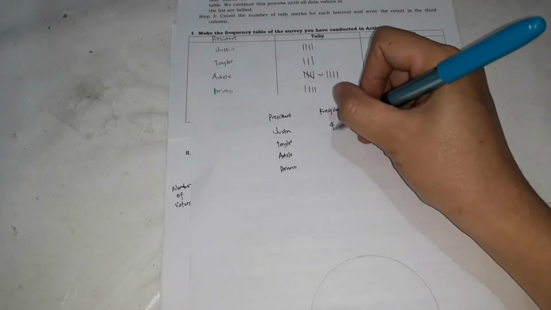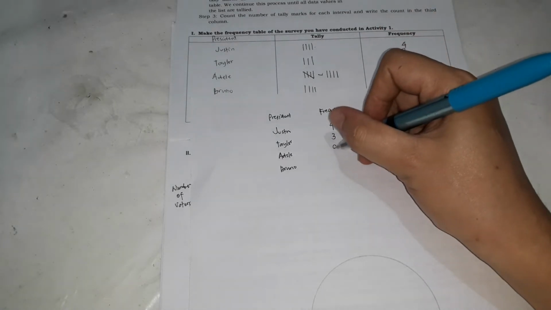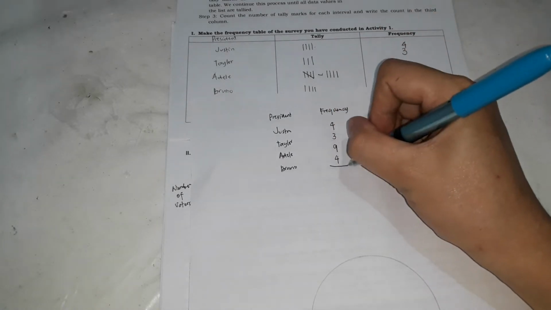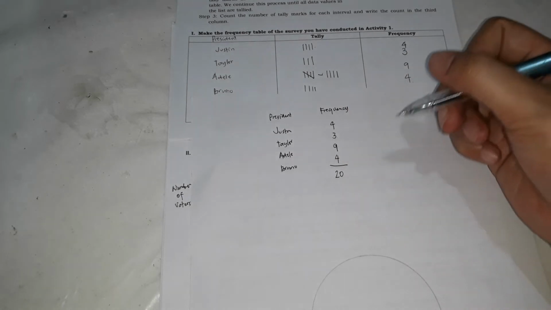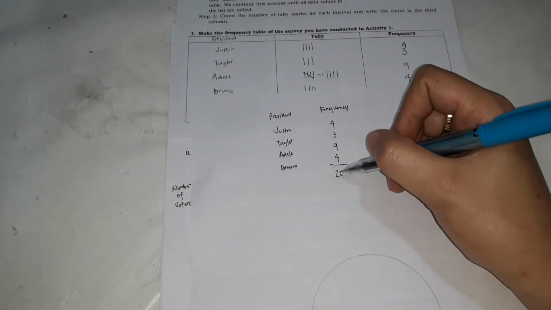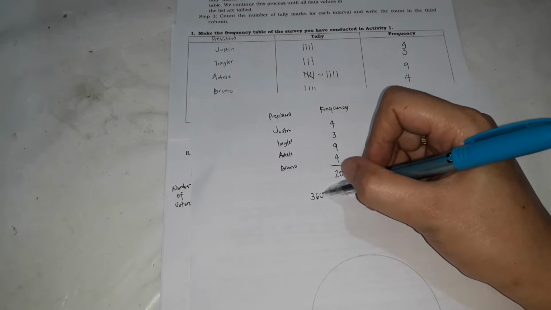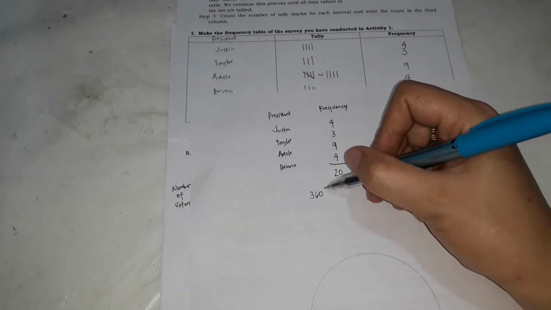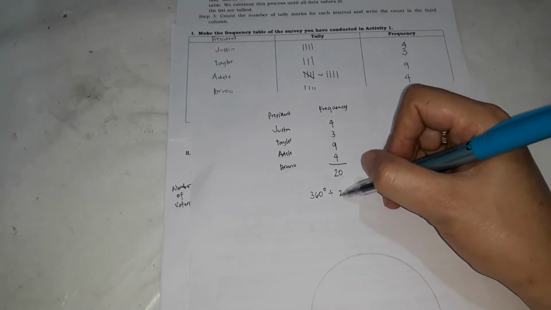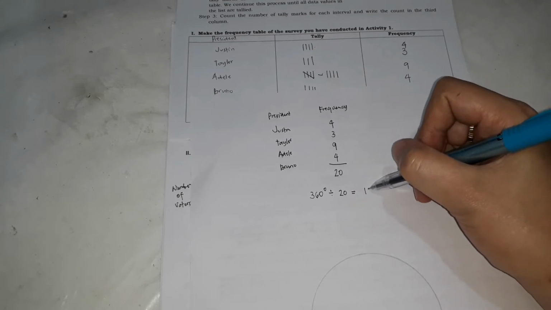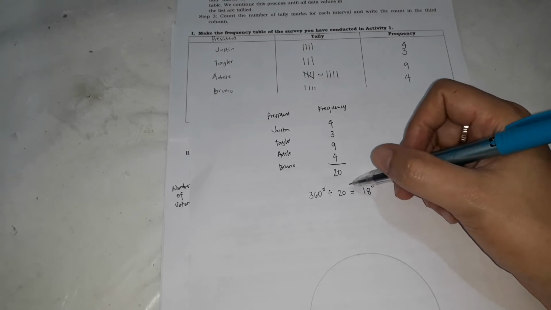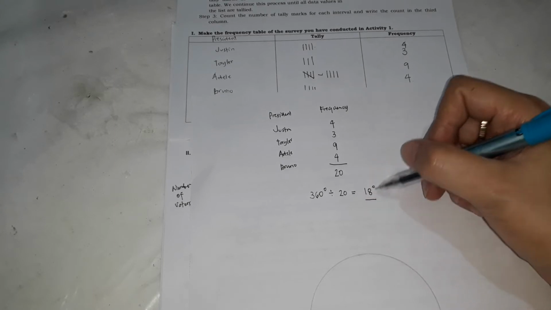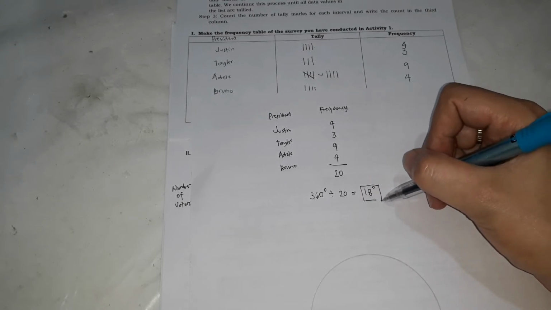It's 4, 3, 9, 4. Next, you add them. That's the total, 20. Next, yung 360, divide natin by 20, because one circle is 360 degrees. So the answer is 18. So 360 divided by 20 is 18. Ibig sabihin, bawat isang voter will have 18 degrees. So 18 degrees bawat isa.